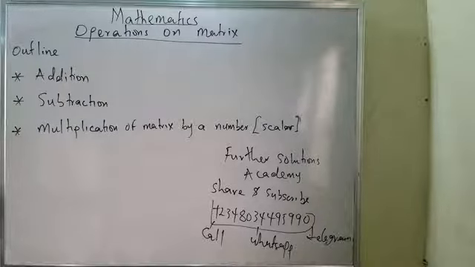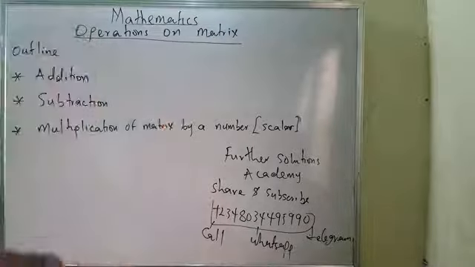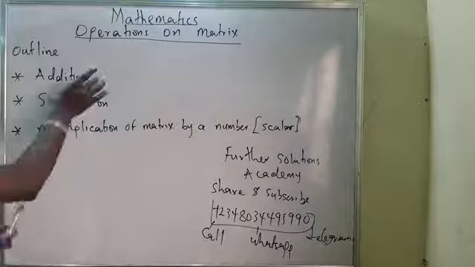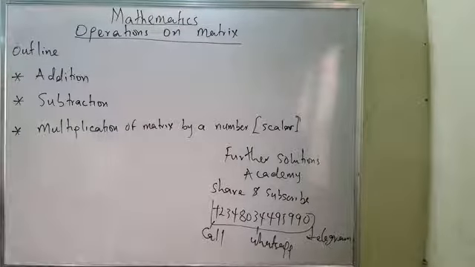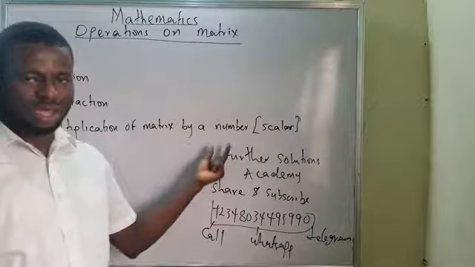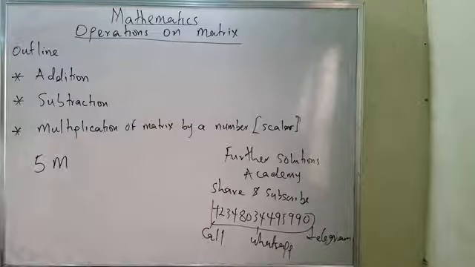Now, on this video, I'll be working on operation on matrix. It means I will be talking about addition of matrix, subtraction of matrix, and multiplication of matrix by a number, that is, 5M.